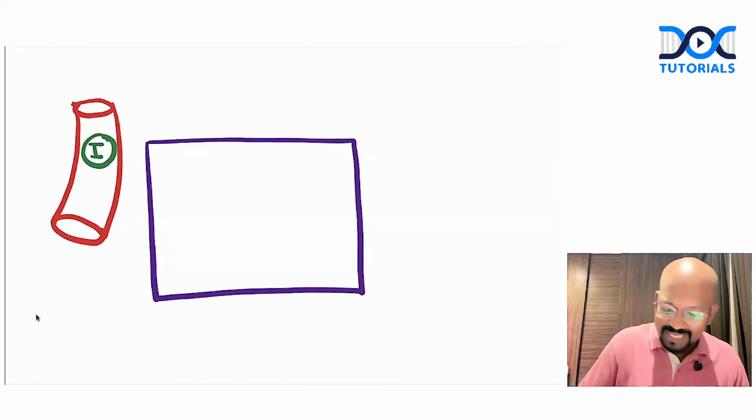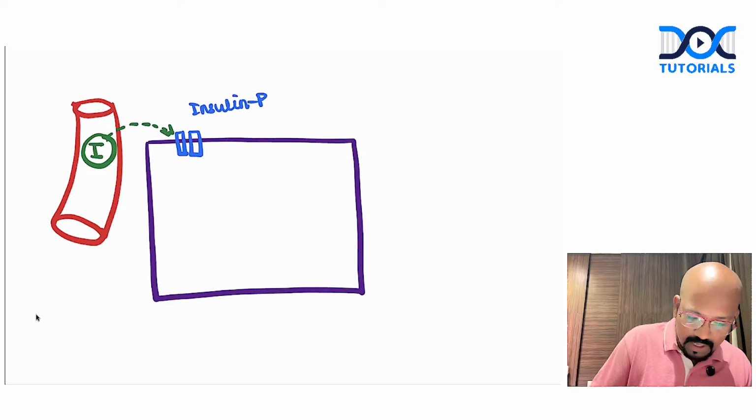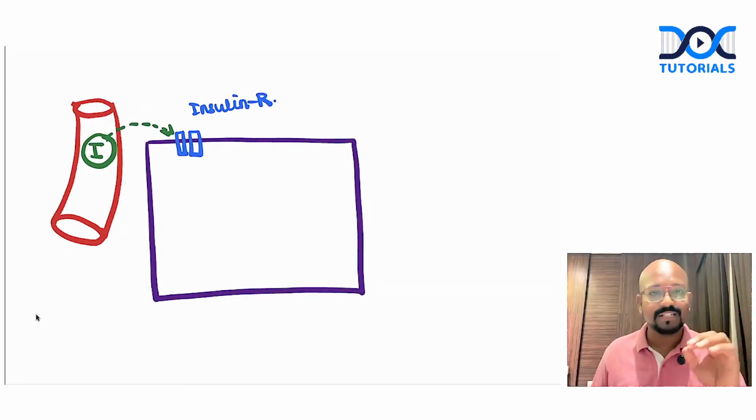Now, what happens is this insulin which is released will come and bind with its own receptor which is there on the surface of every individual cell, which is named as insulin receptor, as simple as that. Now, what is the function of this insulin receptor? Whenever a cell is expressing an insulin receptor, it means it needs glucose molecules.